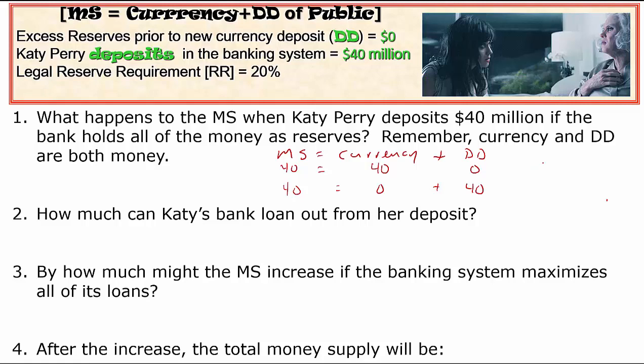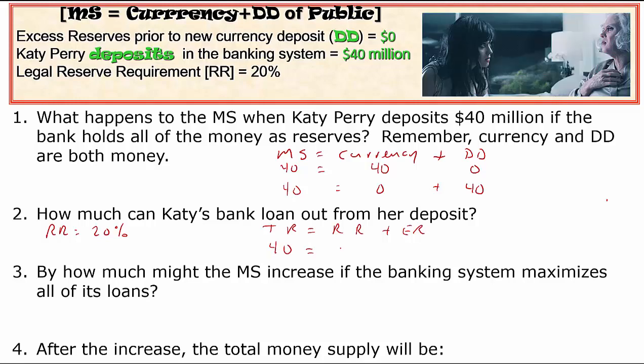All right. Now, how much can Katy's bank loan out from her deposit? Let's make a note here. Reserve requirement was 20%. And total reserves is always equal to required reserves plus excess reserves. So her $40 million becomes part of the bank's total reserves.